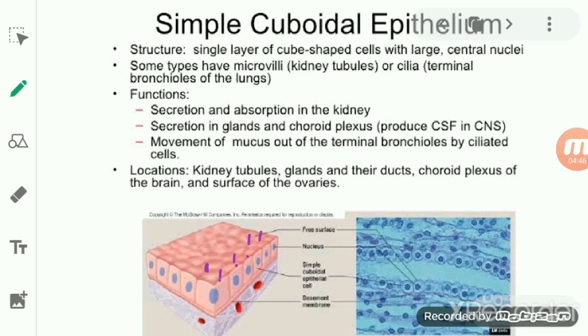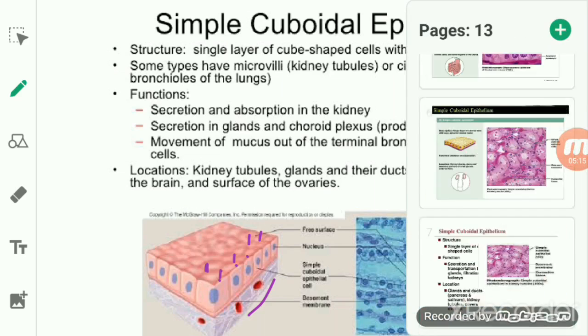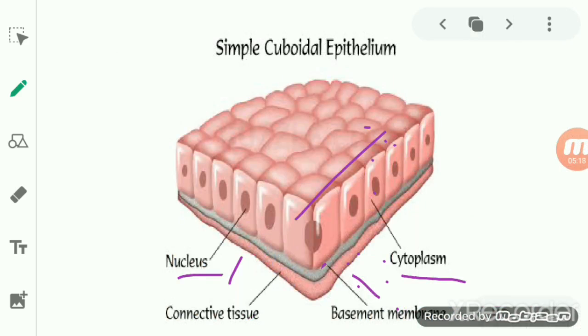So if the surface has cilia on it, we call this cuboidal epithelium a simple ciliated cuboidal epithelium. Why cuboidal? Because these cilia have grown on the free surface of a cuboidal epithelium.